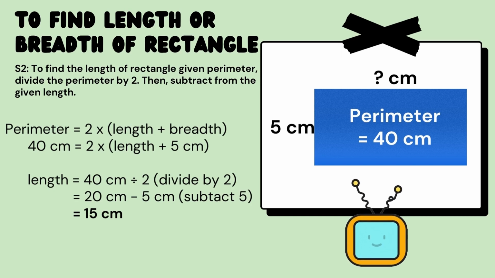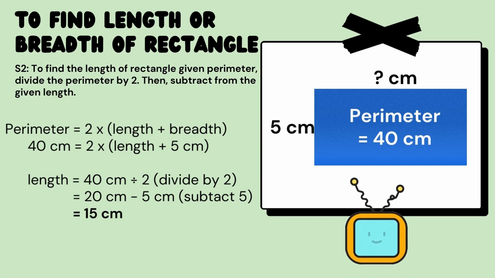So what we do to find the length of rectangle given the perimeter, you need to first divide the perimeter by 2. So we have 40 centimeter. We need to divide it by 2. Then after you got the answer, you need to subtract the given breadth from the answer that you have got by dividing the perimeter.